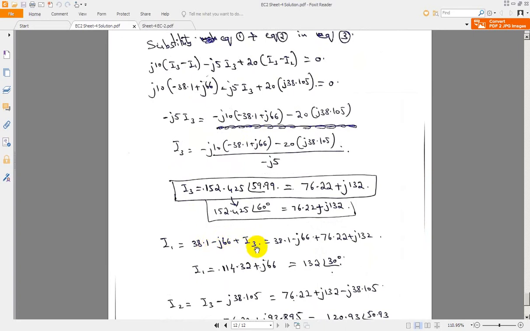I3 we got here. Substitute that value, and you will get I1 is equal to 132 at an angle of 30 degrees.